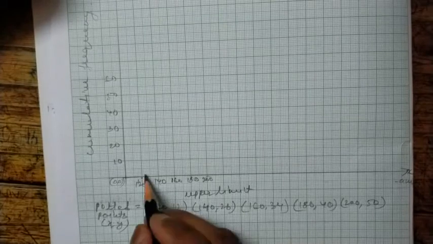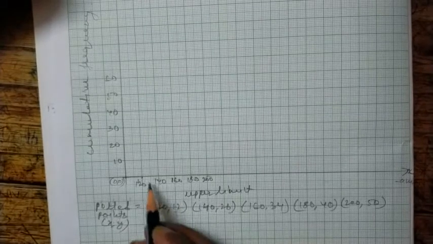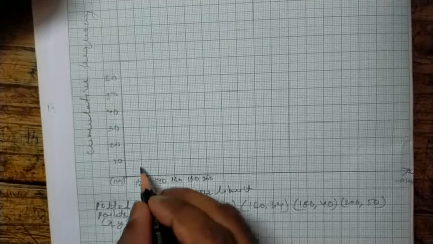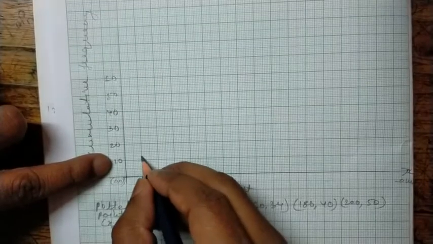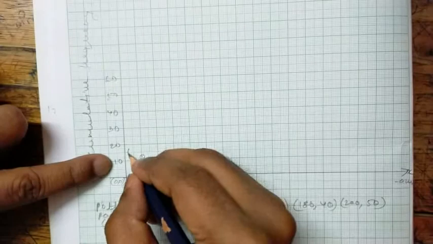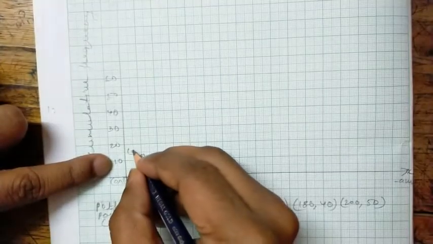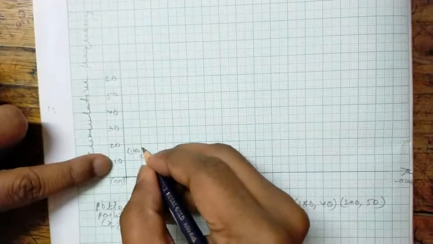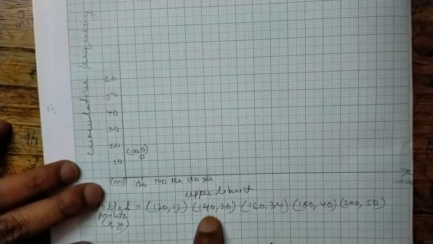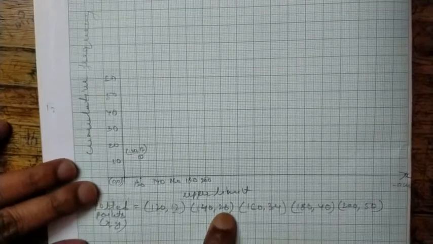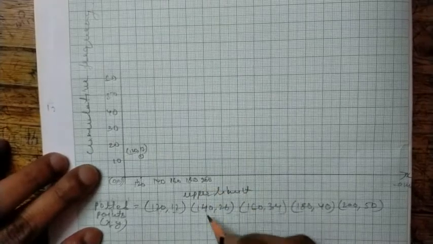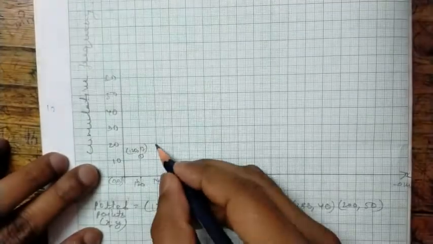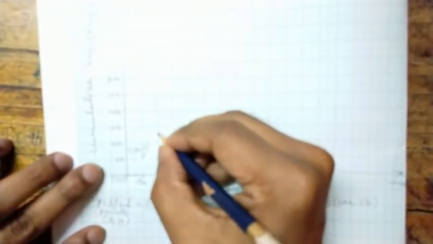120, 12. So these are 120, and where will we get the 12? Here is 10, so 11, 12. So this will be our point 120, 12. Again 140 and 26, 25, 26 will be here.